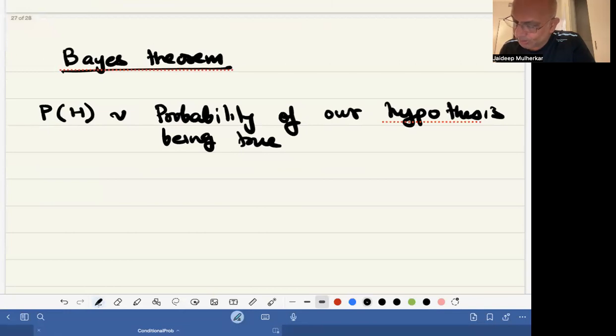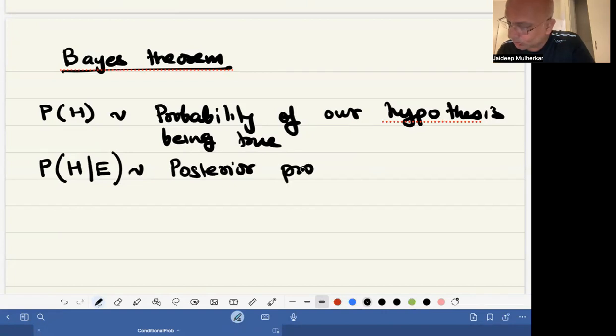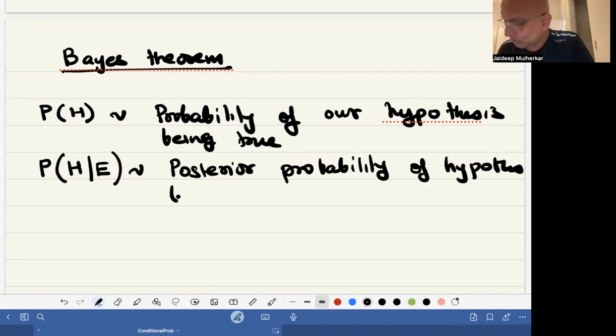and let's say we have some new evidence. One would like to refine our hypothesis based on new evidence E. So this is our posterior probability of the hypothesis being true given new evidence.